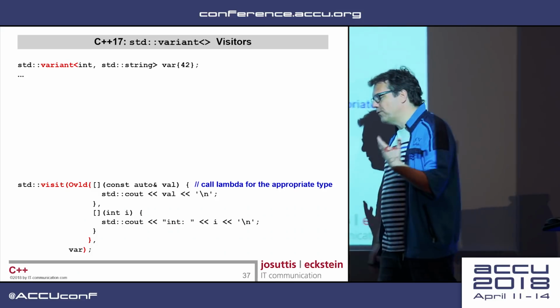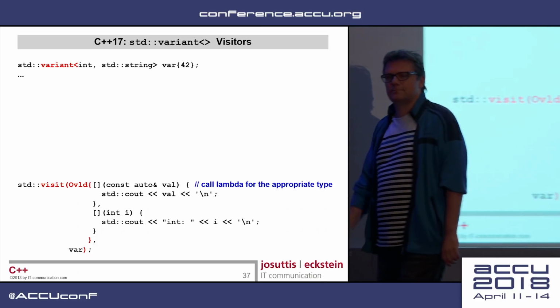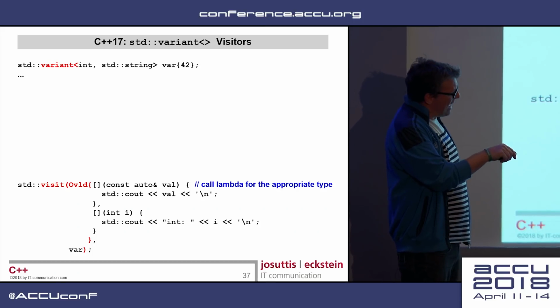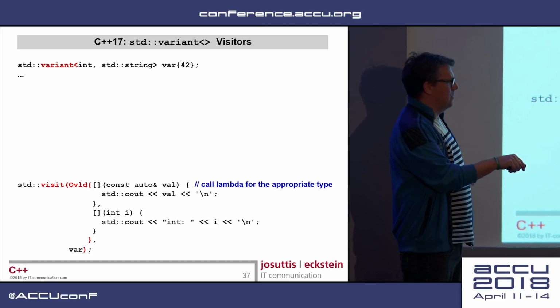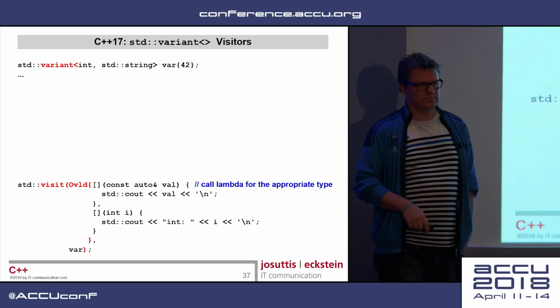In fact, it's overloading the functionality of two lambdas. Look at this. One lambda for any type, print out the value, and especially for the type int, print out the value with int before.